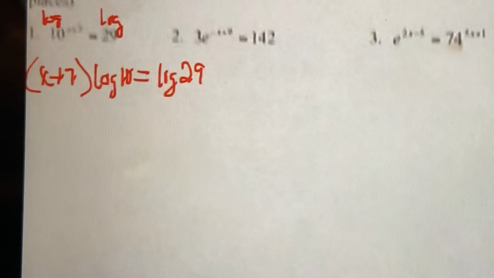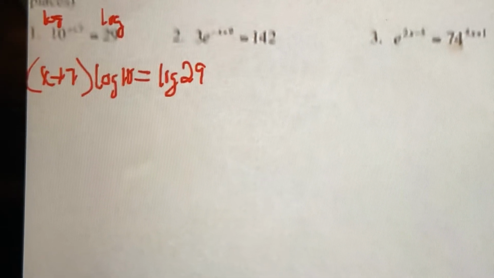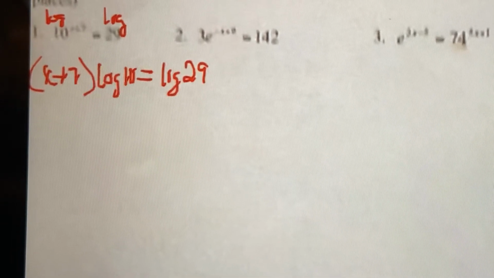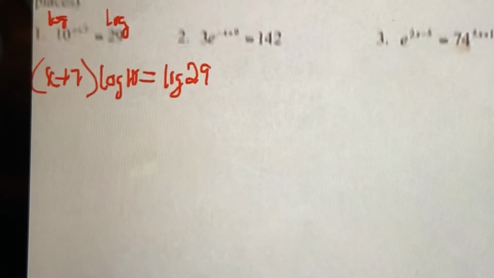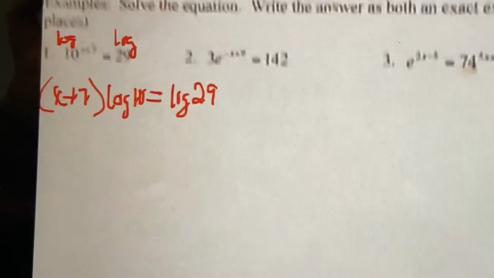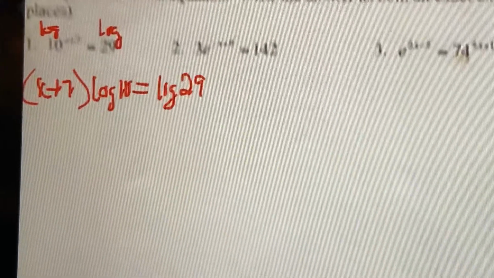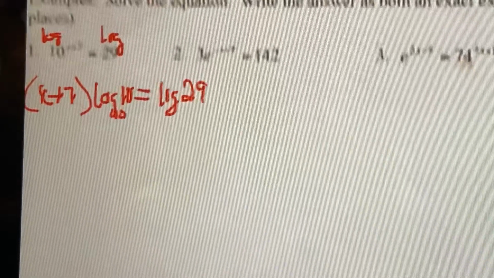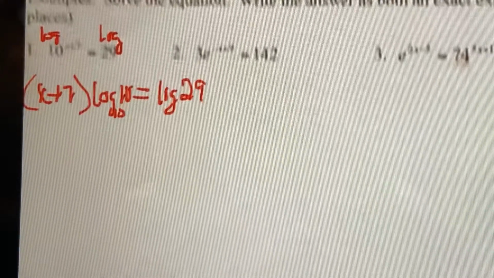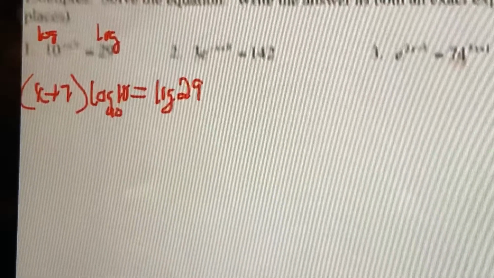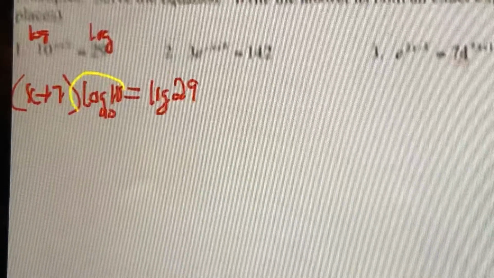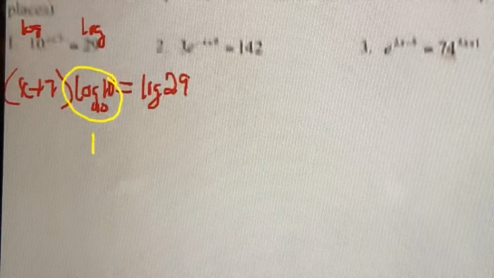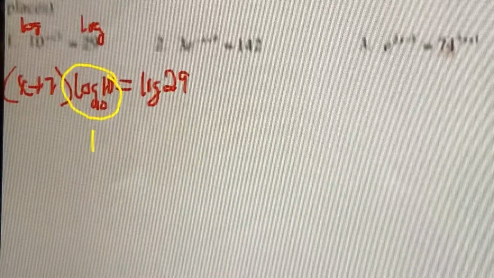Now, the log of 10 is a number, and I can do it in my calculator if need be. But remember, if a log base is not shown, it's understood to be base 10. So log base 10 of 10 asks the question, 10 to what power gives me back 10? Well, that's 1. So log base 10 of 10 is 1.